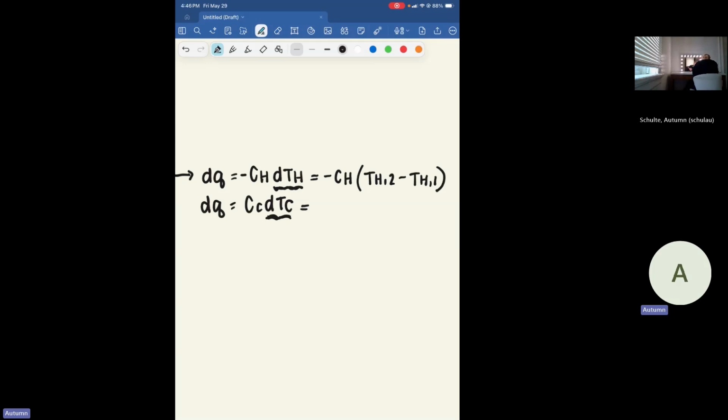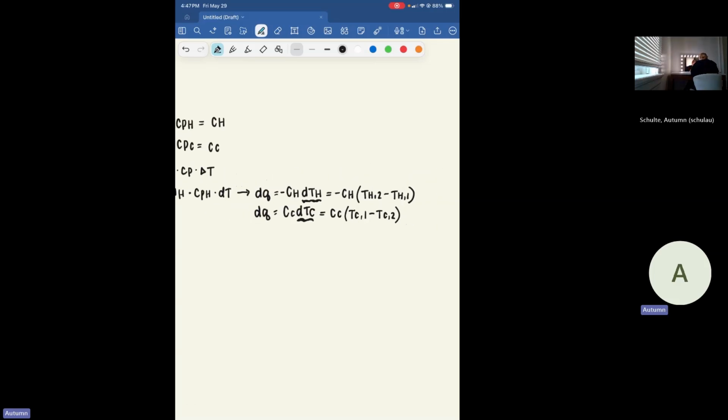And then if we do the same for our cold stream, this is going to be the mass flow rate heat capacity of our cold stream multiplied by, this time, the temperature of our cold stream going in minus the temperature of our cold stream leaving, because the temperature of our cold stream leaving is higher than that of the temperature of the cold stream entering.